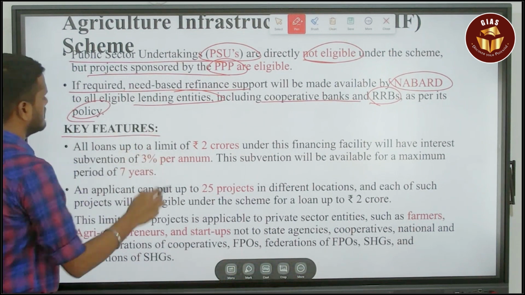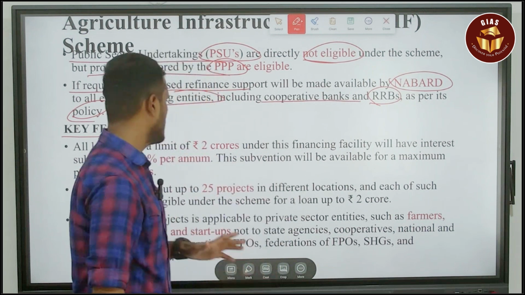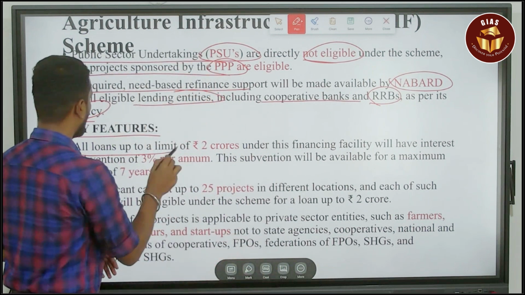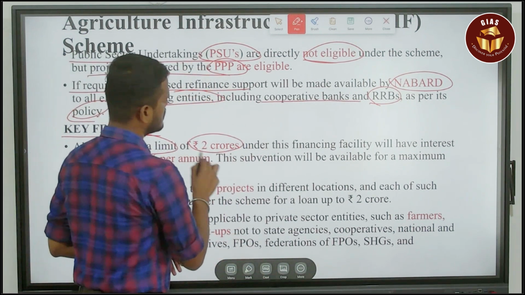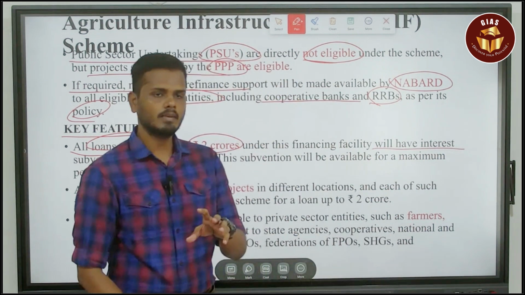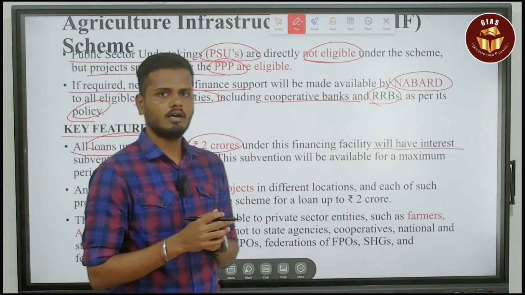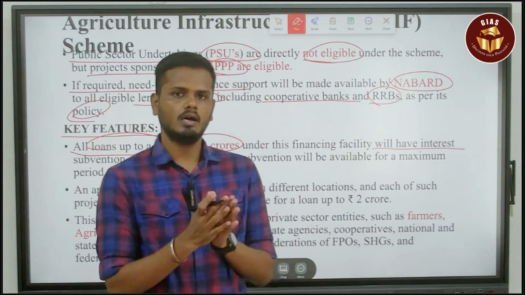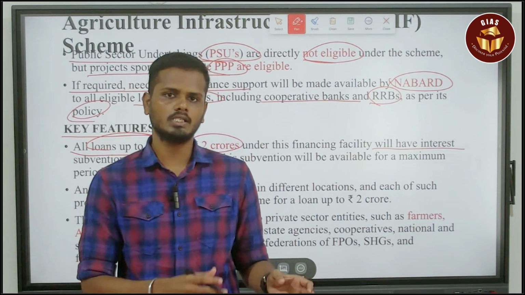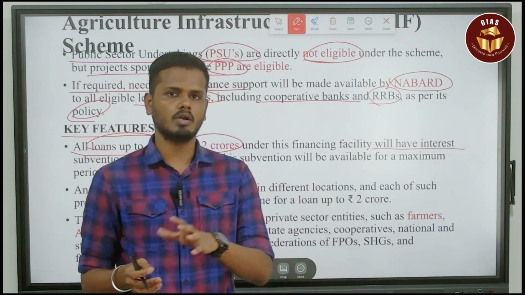Then when we see the key features of this particular scheme, we can say all loans up to a limit of 2 crores under the scheme financing facility will have an interest subvention of 3% per annum. If someone wants to build infrastructure for agriculture development, they can take a loan for the project.